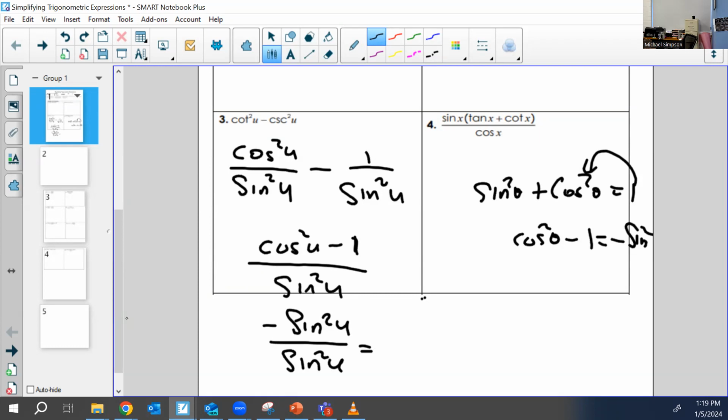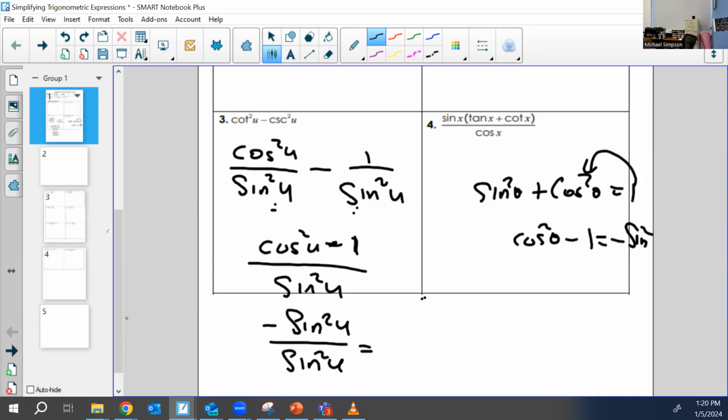Okay, did I lose you guys back there? Where did I lose you? How did I get the negative sine square? Here? Okay, I combined, they have the same denominator. So I can combine the top parts. Now I have cosine squared minus 1.